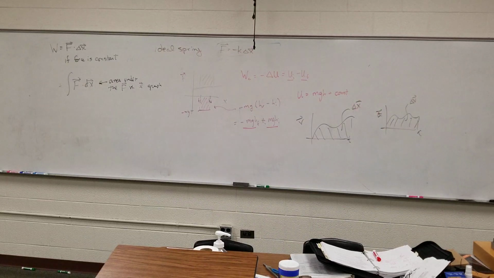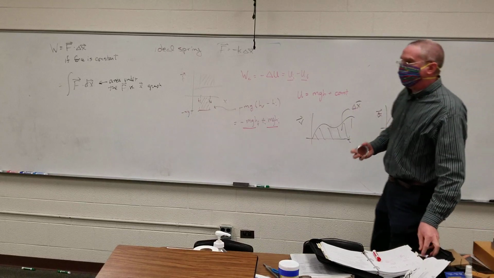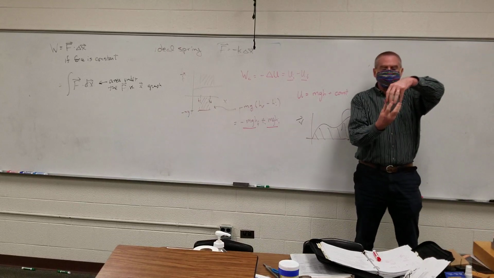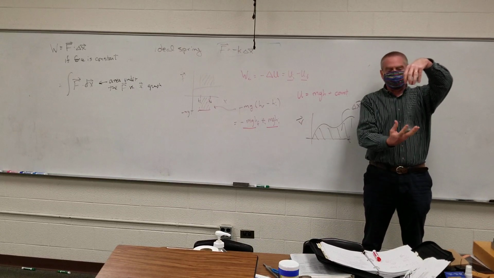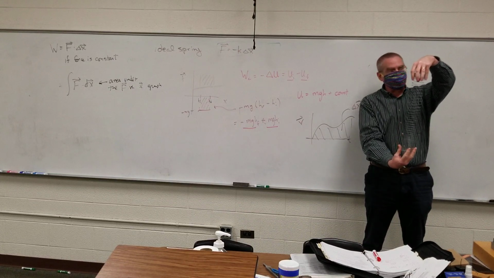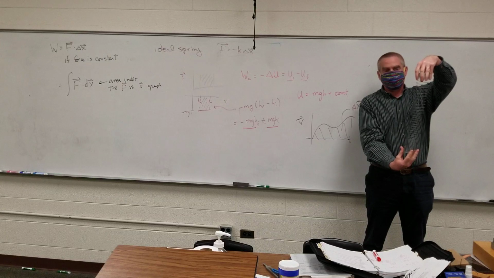Let's grab a slinky. Not ideal, but good enough. So if I take this spring right here, it has a natural position. If I pull down on it, the force that the spring exerts on my hand is up.